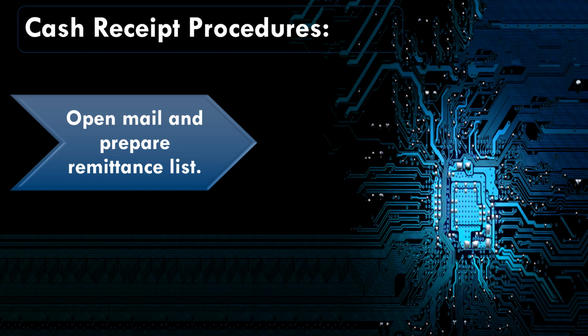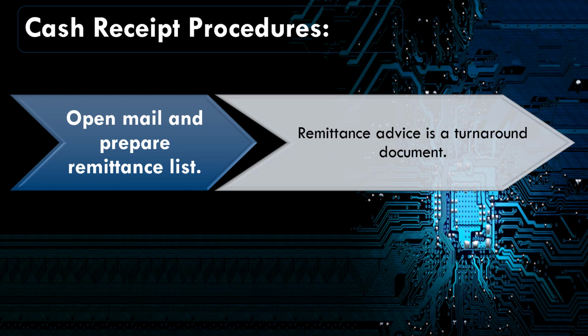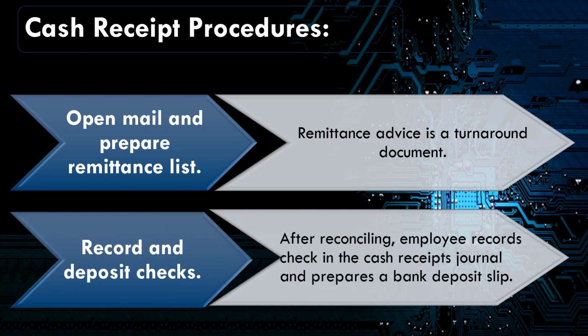So in that case, we need to prepare a remittance list, and this remittance list includes the invoice number and the amount that is being settled by the customer. And then the remittance advice is a turnaround document, because we will use it twice, and then record and deposit the check after reconciling.